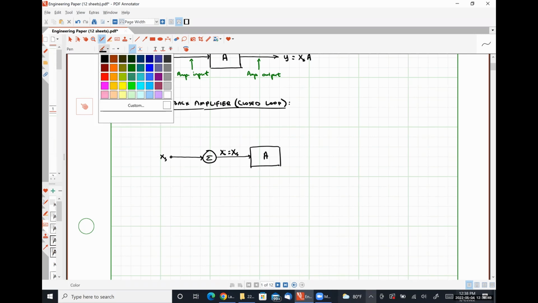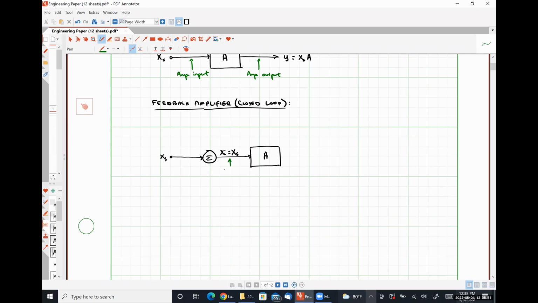Right. So again, we have our amp input over here. We have our amplifier output, and I'm going to call this Y. And Y is equal still to A times XI in this case.